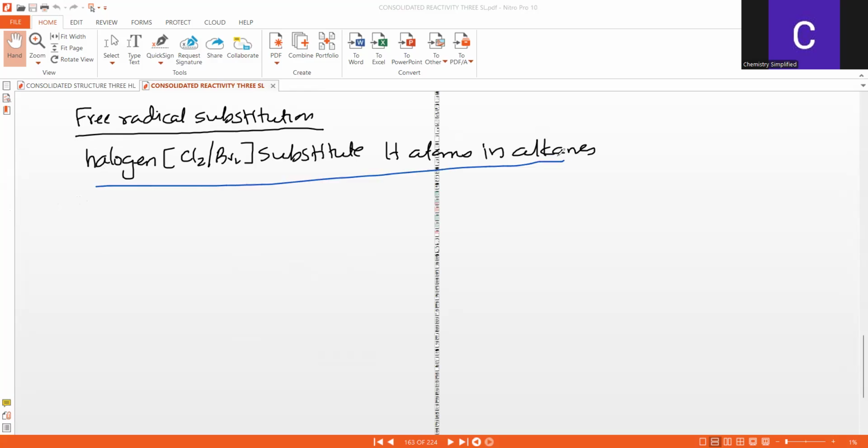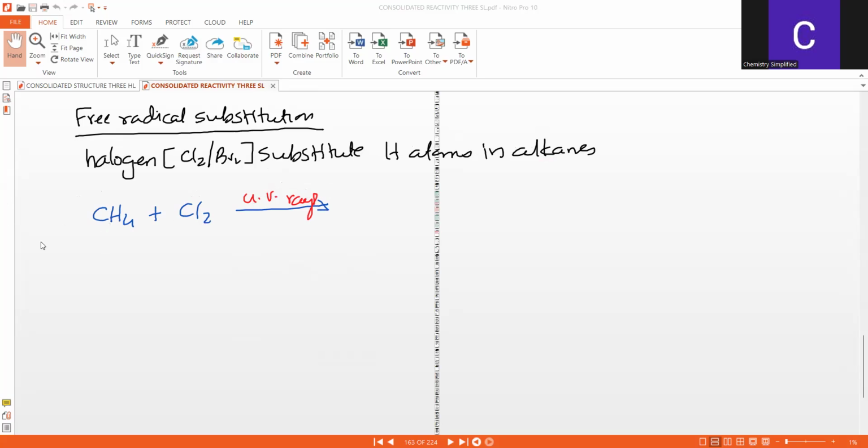So as per this statement, the reaction is between an alkane. Let's take the simplest alkane, methane, plus let's say chlorine. One very important thing that you should know is that this reaction requires UV light. Okay, without UV light, this reaction will not happen. UV light provides activation energy for this reaction.